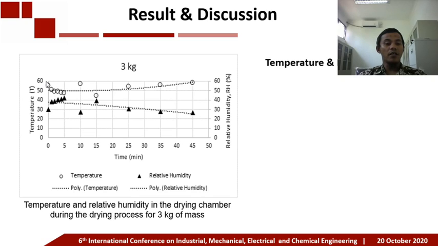This is the decrease of temperature, and this is the increase of relative humidity in 5 minutes of drying. And then the drying chamber temperature goes up again until the 45 minutes, and relative humidity decreases until the 45 minutes.